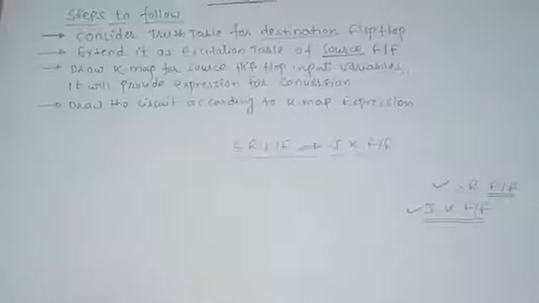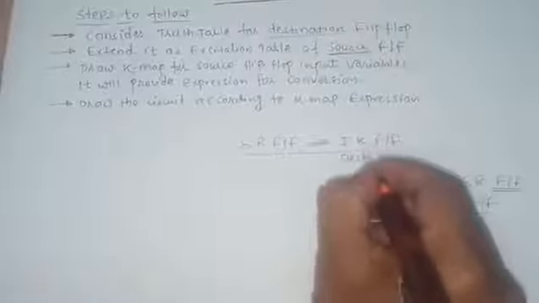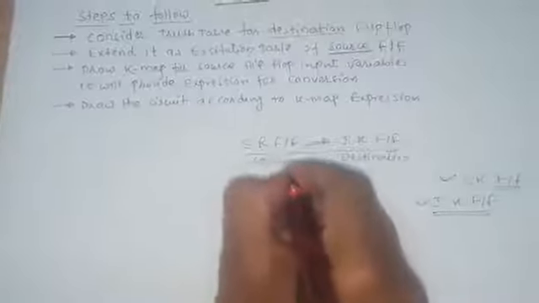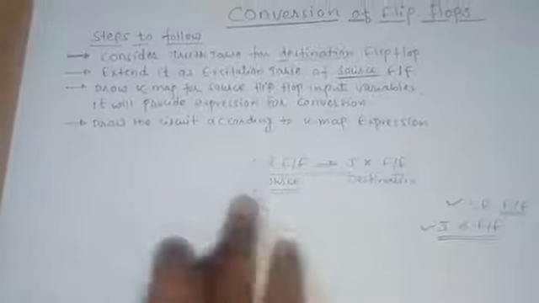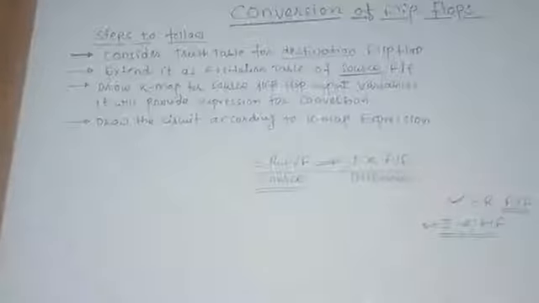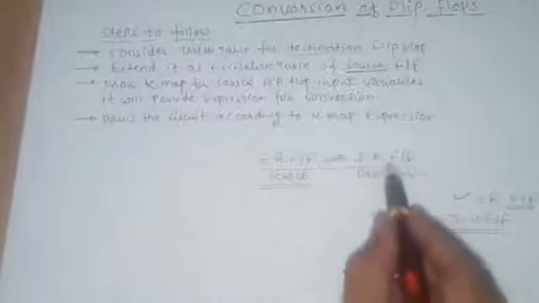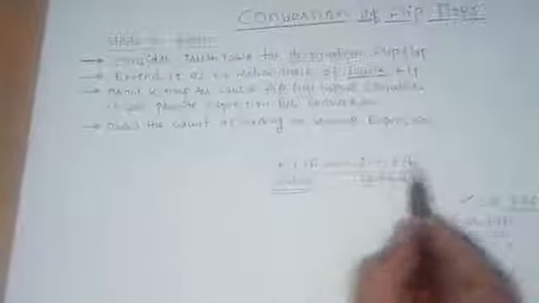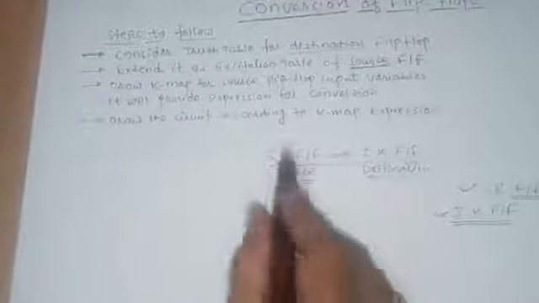In that case, the JK flip-flop is your destination flip-flop and the SR flip-flop is your source flip-flop. So always remember, the source flip-flop is the flip-flop which is available with us.